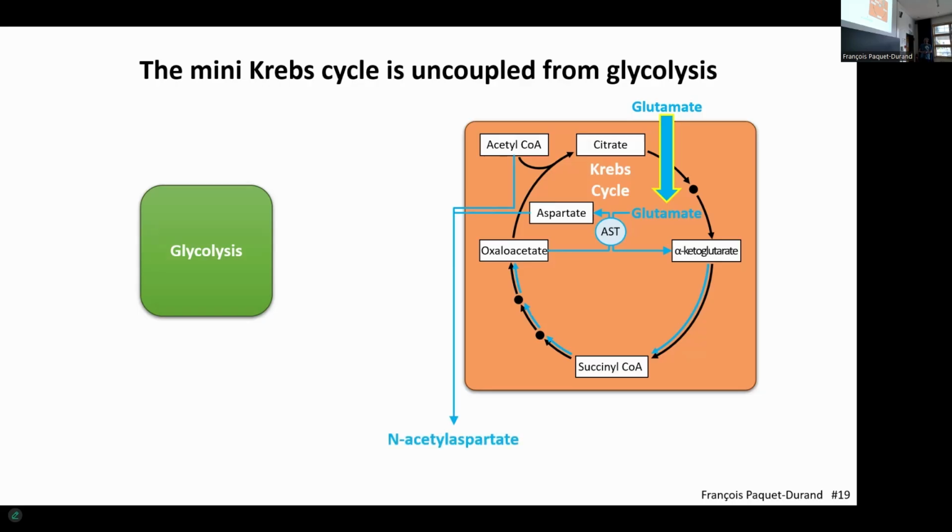But we need to get rid of the aspartate. So we can assimilate it with acetyl-CoA, and acetyl-aspartate is membrane permeable, and then we can just get rid of it. So if this was happening, what we would have is glutamate input and acetyl-aspartate output.